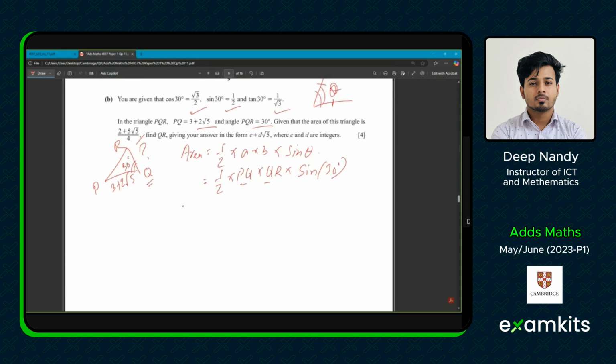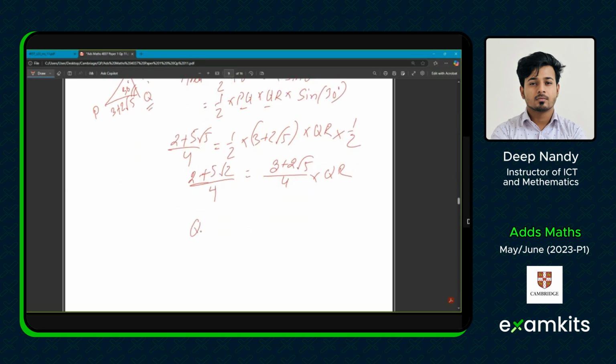So the area is given by (2 plus 5 root 5) by 4 equals half times PQ, which is 3 plus 2 root 5, into QR into sine 30, which equals half. So this half and this half equals 1 by 4. So (2 plus 5 root 2) by 4 equals (3 plus 2 root 5) divided by 4 times QR.